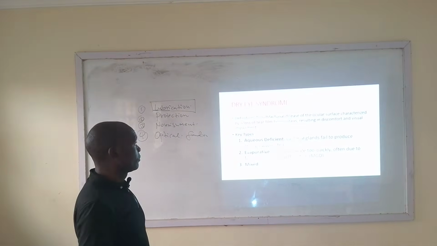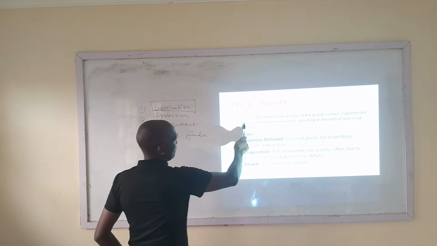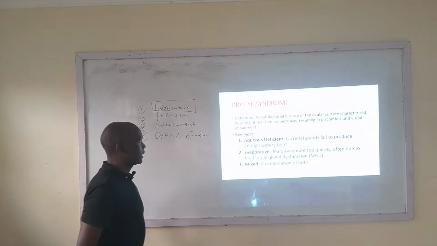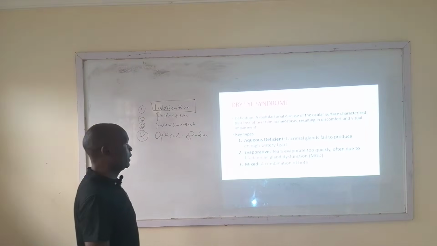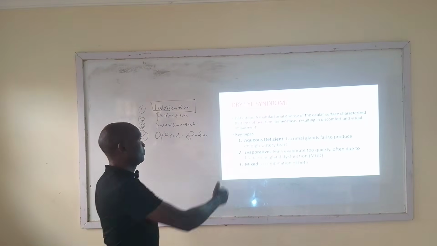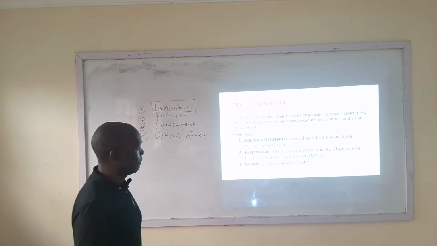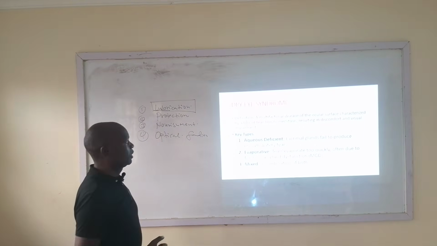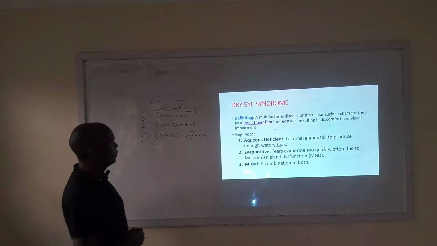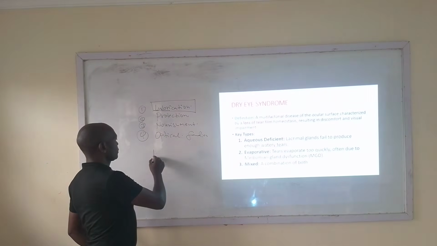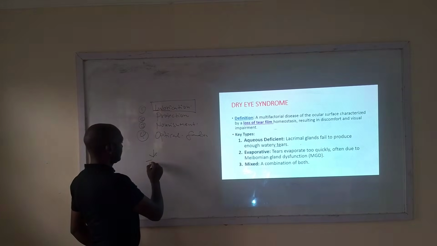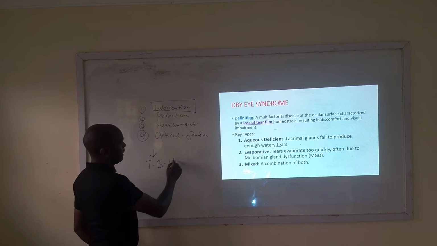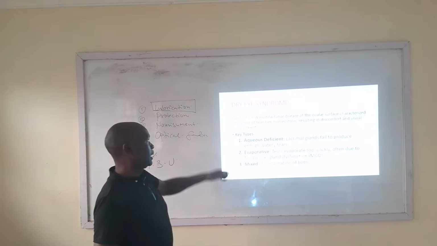So on the surface of your eye, if we have any factor that will interfere with your tear film, then you will get the dry eye syndrome. Either when you reduce your blinking, or when you reduce the tear breakup time, then you will get the dry eye syndrome.